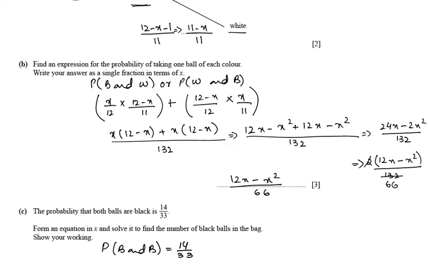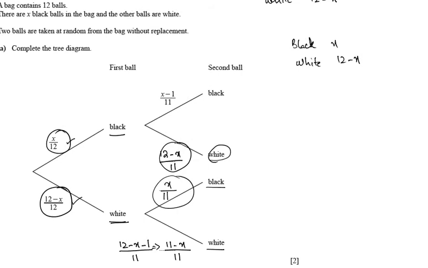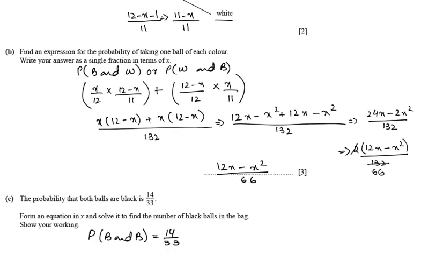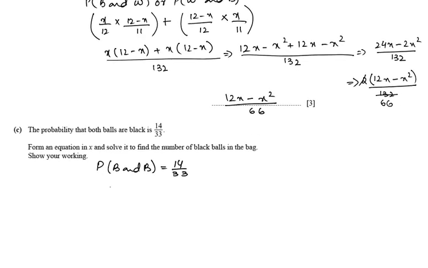So here the probability of first black is x upon 12 and the probability of second black is x minus 1 upon 11. Now let's multiply these two probabilities, x upon 12 and x minus 1 upon 11, which is equal to 14 upon 33.